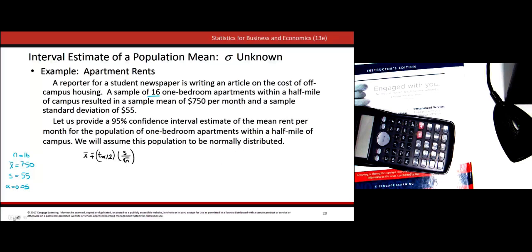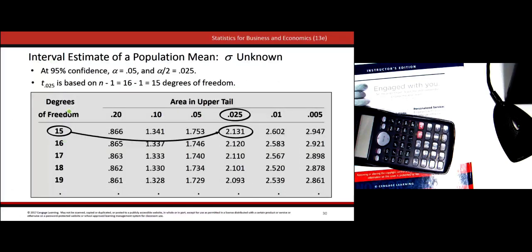Now here, what is the degrees of freedom? N minus 1, where n is 16. Alpha 0.05. So what is t? Upper tail 0.025, degrees of freedom 15, which gives 2.131.